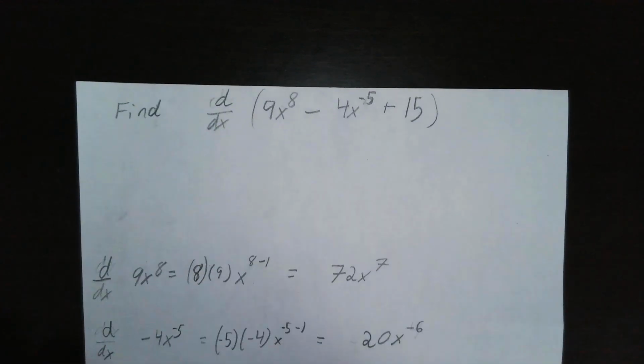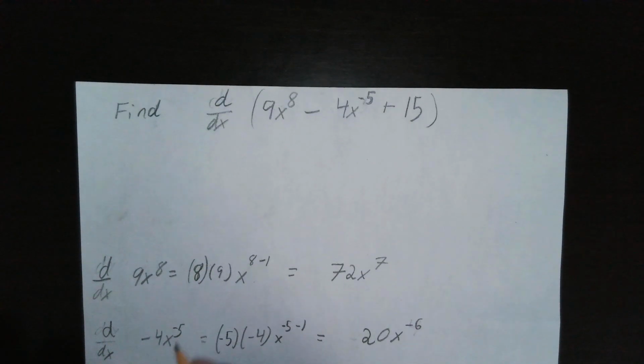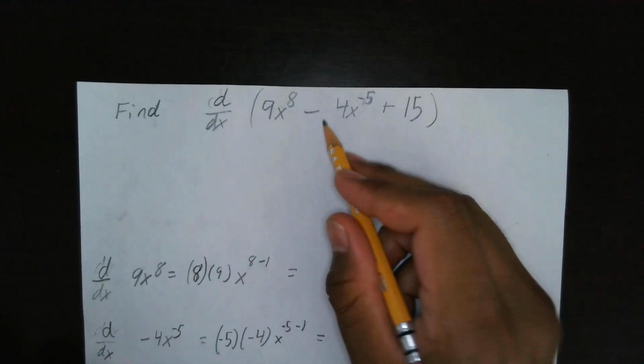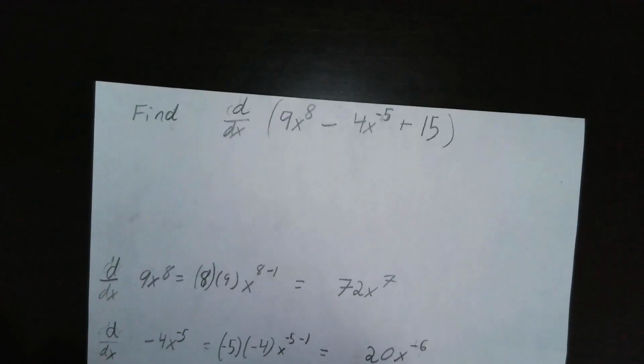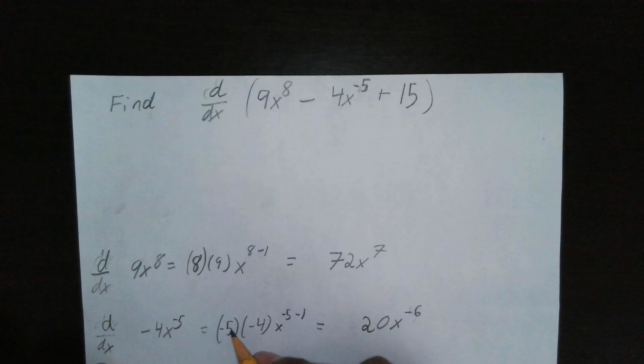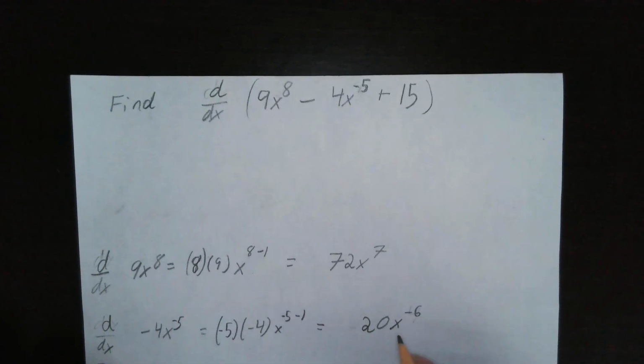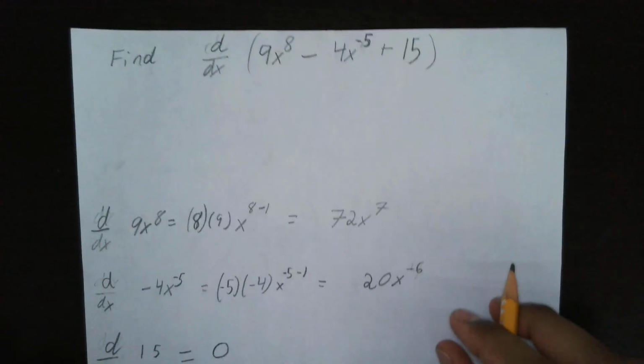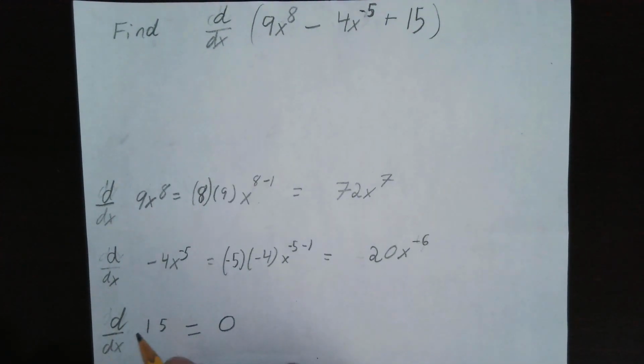Then the derivative of negative 4 times x to the power of negative 5, so I decided to take this negative down to here. The derivative of negative 4 times x to the power of negative 5 would be negative 5 times negative 4 times x to the power of negative 5 minus 1. That is 20 times x to the power of negative 6. And then the derivative with respect to x of 15 is just 0.